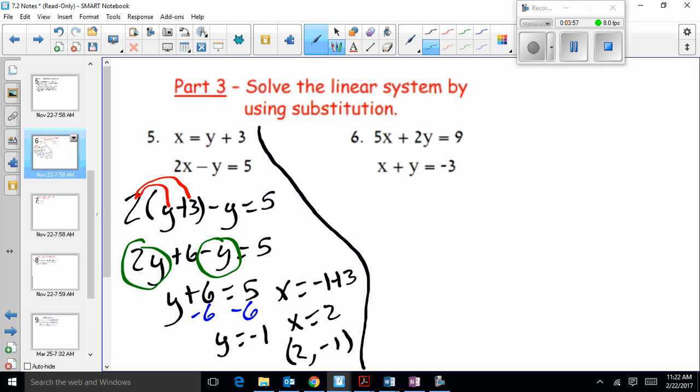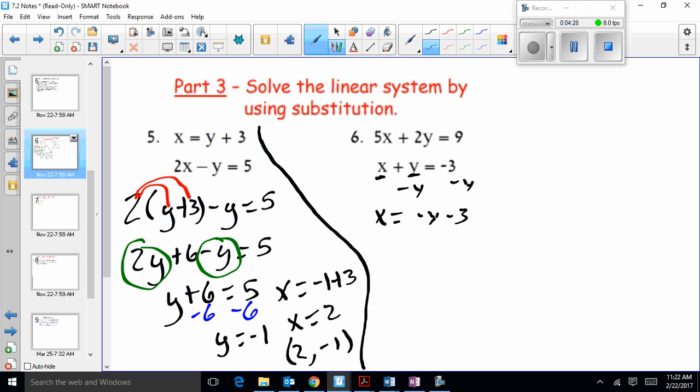Number 6, I have 5x plus 2y equals 9, and I have x plus y equals negative 3. Okay, these variables x and y are not by themselves; they have a variable with them. So I'm going to go ahead and subtract the y from both sides, and I'll have x by itself equals negative y minus 3.